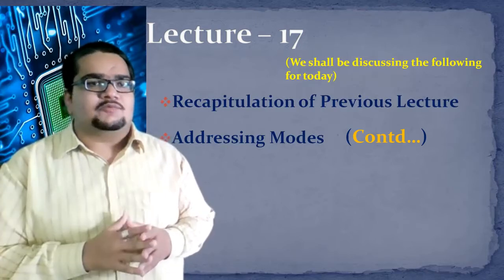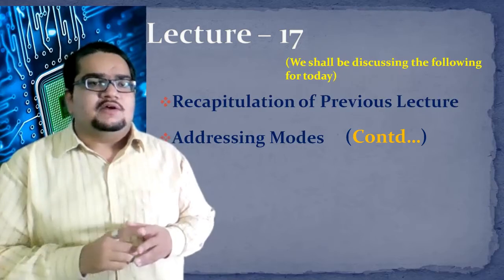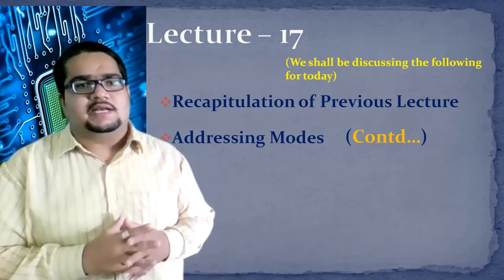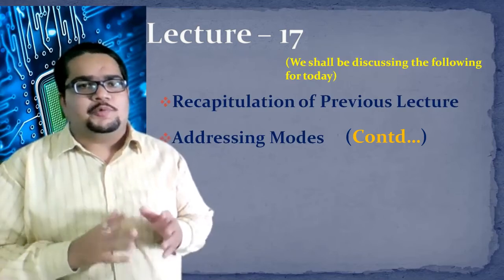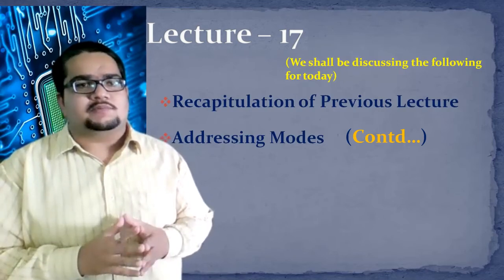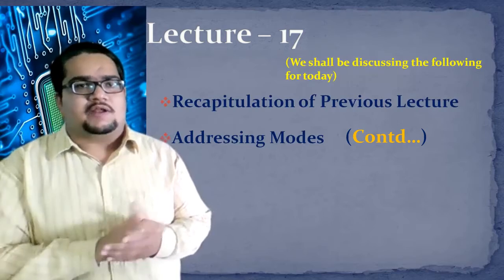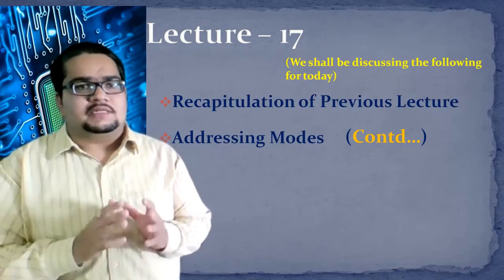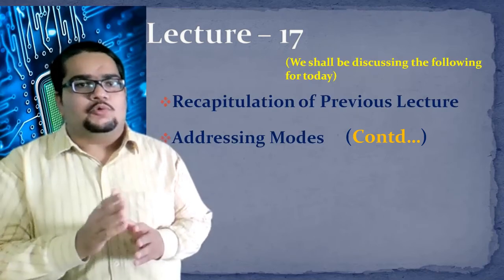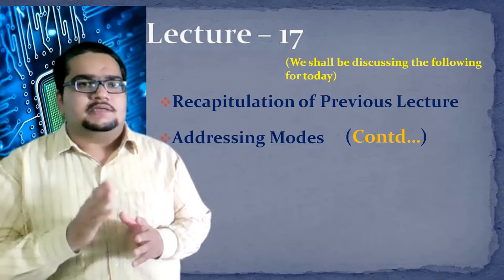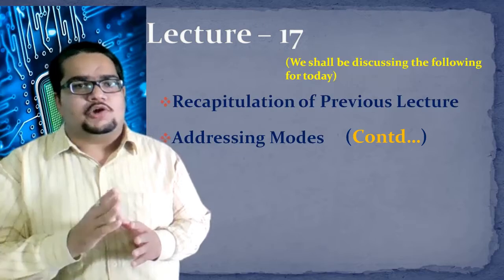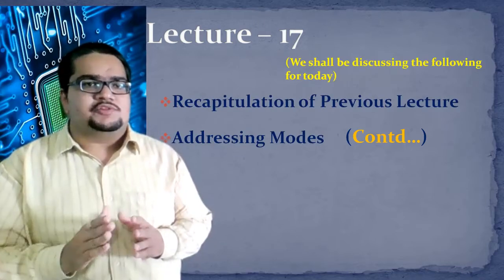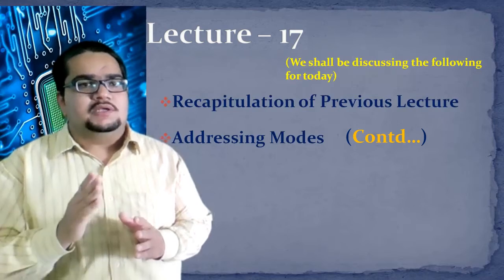And immediate addressing mode is calling you directly without taking your name or your roll number, as if you are available right there. Hope you understand this analogy. Immediate addressing mode is calling you directly as you are available in front of the person; direct addressing mode is calling you by your name; and indirect addressing mode is calling you by your roll number, where your roll number is associated with your name and your name is associated with you.